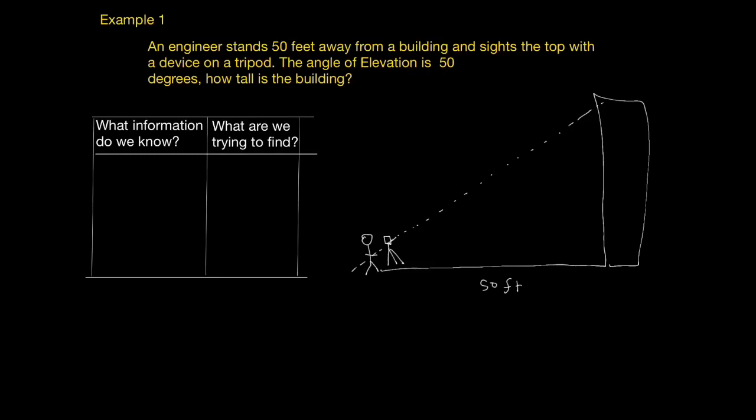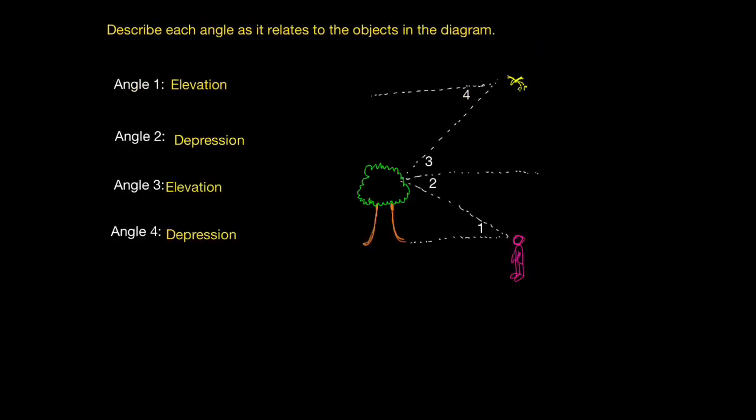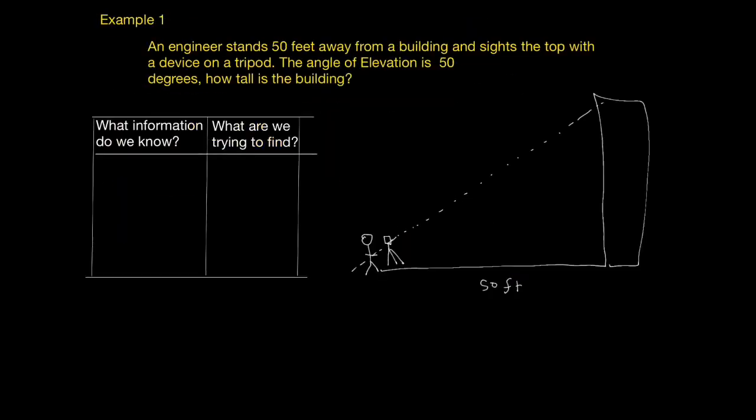And they're saying that the angle of elevation is 50 degrees. And remember, elevation, we're looking above, right? So that's you and you're looking above. Here's the angle of elevation. So here, this angle will be 50 degrees. Now we're trying to find how tall the building is, which means that this height is the unknown that we're trying to solve for.